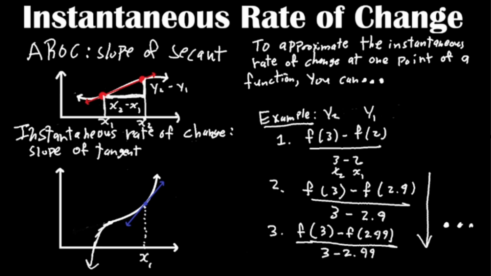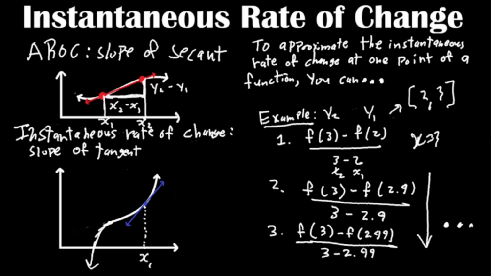So let's say you want to approximate the rate of change at x equals 3, right? You do f of 3 minus f of 2 over 3 minus 2. That gives you the average rate of change over the interval 2, 3.